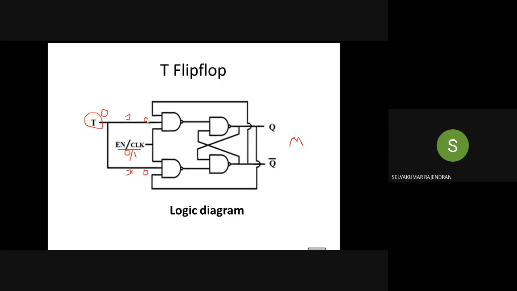If J and K are both 0, 0, again it is in memory state. If you are applying logic 1, what will happen? Both J and K get logic 1. If both inputs J and K are logic 1, then it goes to toggle state. So there are only two possible states, memory state and toggle state.